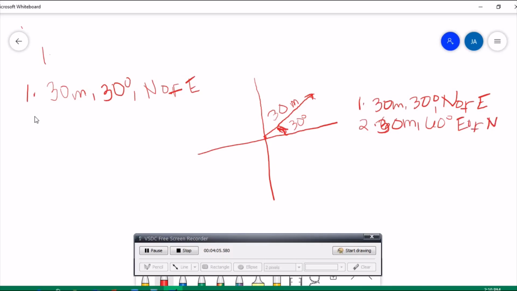Okay, so it means since you have 30 degrees here, for this quadrant from here to here, that's 60 degrees, right? Okay, so you can also say it's 30 meters, 60 degrees east of north.